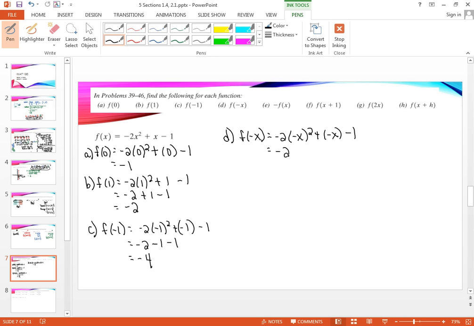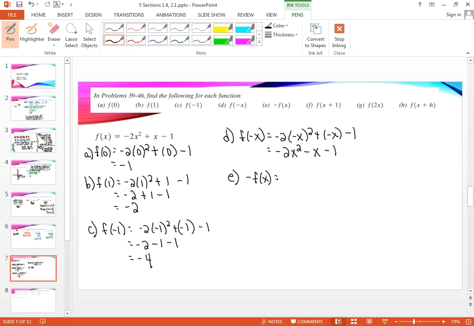Negative x quantity squared is x squared. Then minus x, you don't need the parentheses, minus 1. But what I do want you to do is take a second and look. What's the difference between D, which is f of negative x, and E, which is negative f of x?